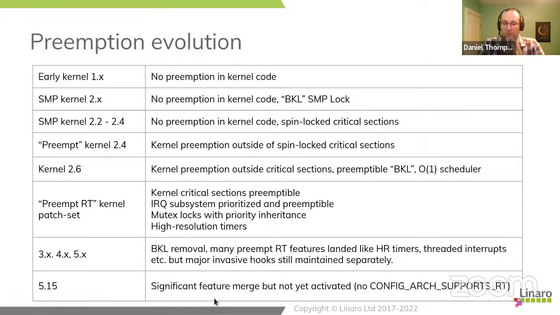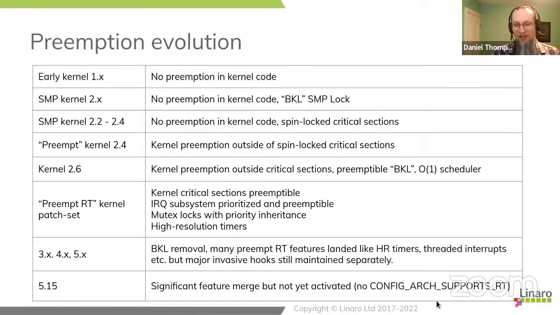So it's a very significant feature merge, but it's not yet activated because it's predicated on a config option called CONFIG_ARCH_SUPPORTS_RT. And presently, none of the architectures in the kernel have set that config option. If you're not familiar with kconfig, there are user visible kconfigs and also non-user-visible kconfigs, by which the arch presents to the kconfig system the features that the arch supports.